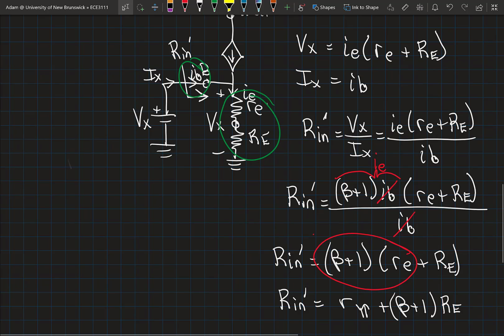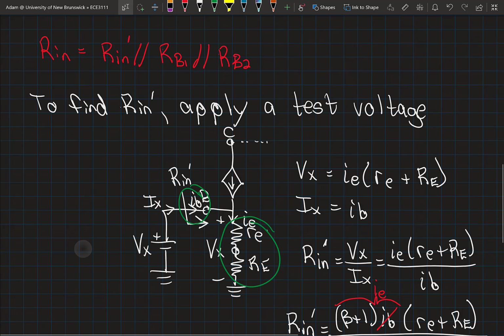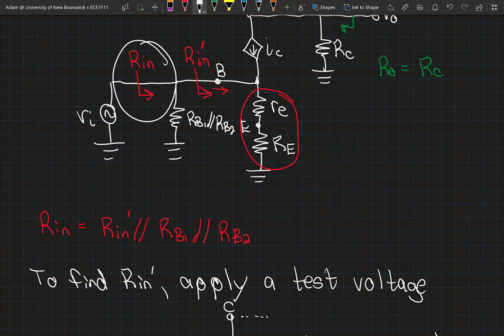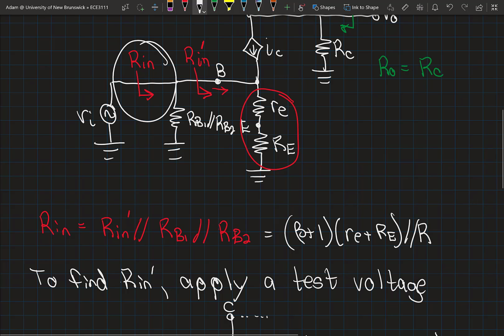And just to be thorough here, remember that the total input resistance Rin is now going to be beta plus 1 times little re plus big Re, in parallel with Rb1, which is in parallel with Rb2. So that's the total input resistance as seen from the perspective of the source.